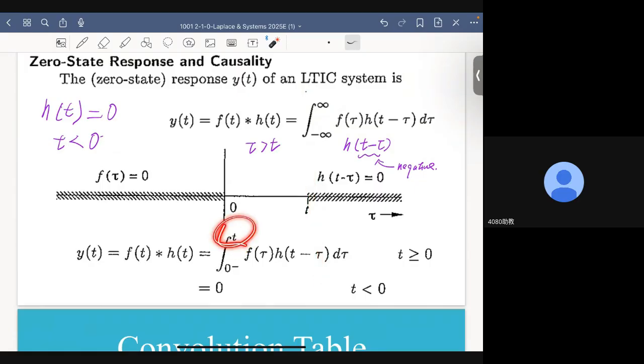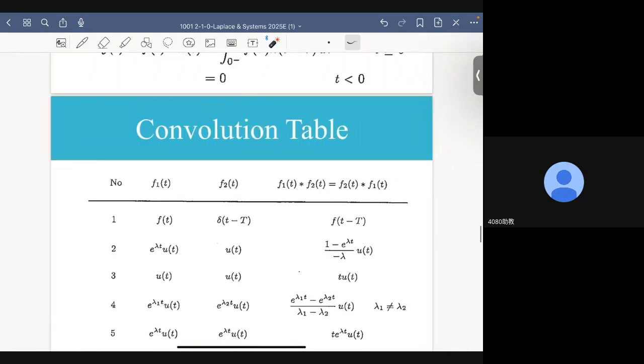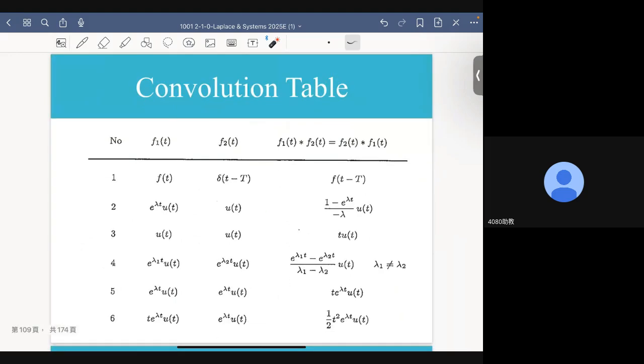So what is t? T is the time variable. That's it. After understanding the definition of the convolution integral, what is given here is a convolution table. Here is F1, this column corresponds to F2, and the final column represents the convolution integral of F1 and F2.